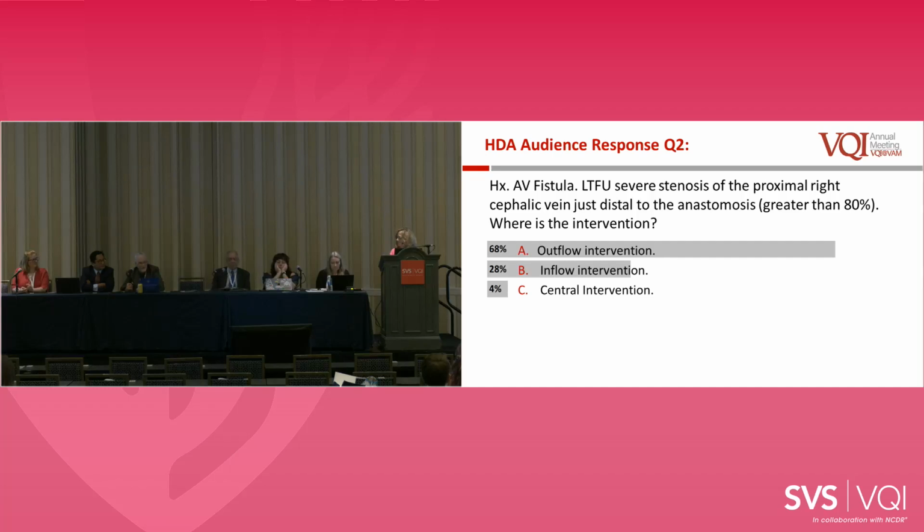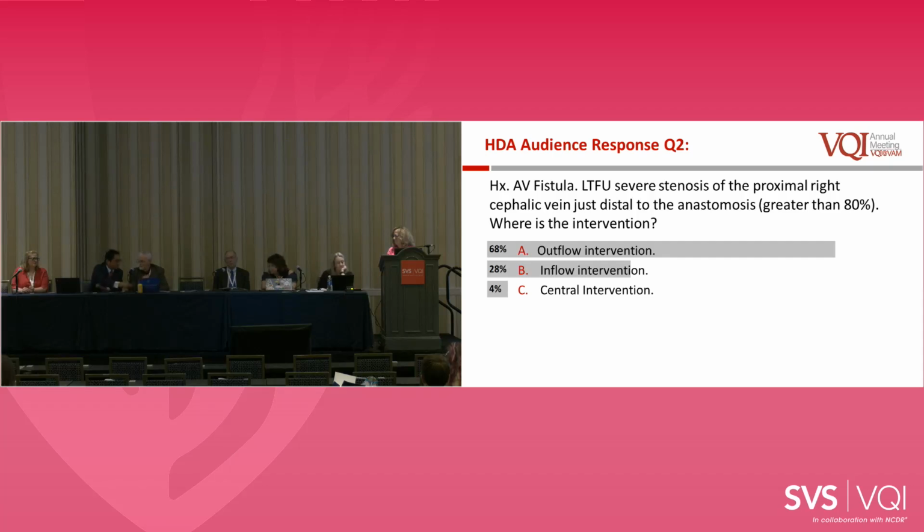I would consider it an outflow intervention because it's in the outflow tract of the vein itself, as opposed to a central intervention, which would be mostly caval or innominate vessel treatment. In terms of inflow intervention, to me, I view that as an inadequately treated arterial system. It's inflow to the reference fistula.